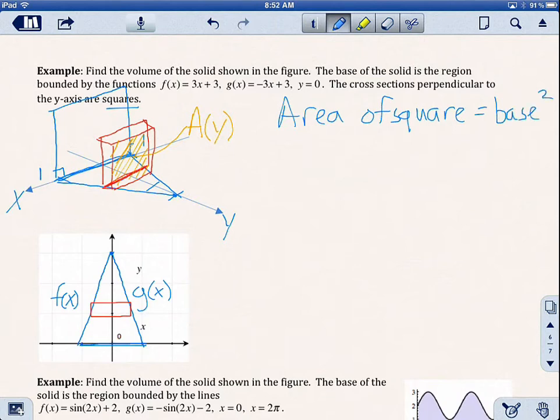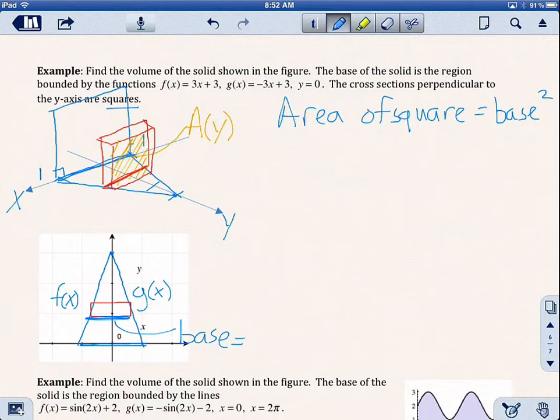Okay, and what is our base? Well, before, remember our base, basically it's going to be the height of this representative rectangle. So our base is right here. Now, because these are horizontal rectangles, we need not f of x, but we need f of y.